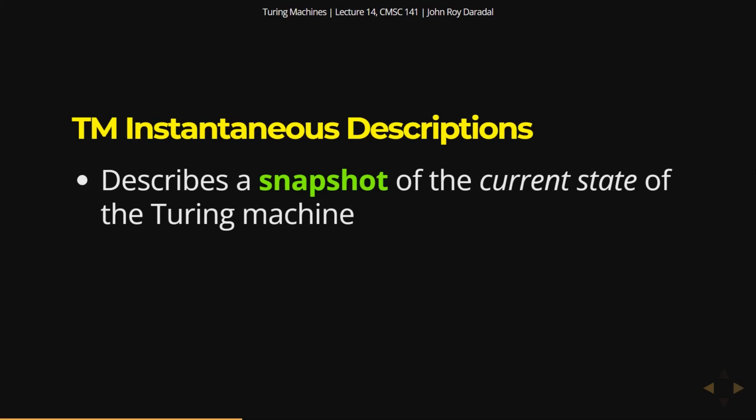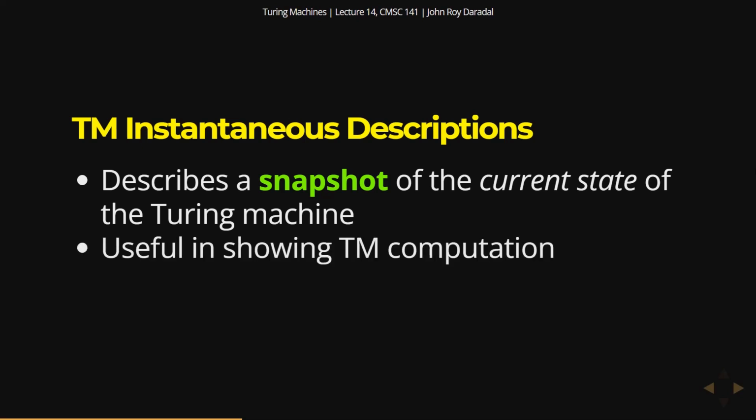Next, let us look at the instantaneous descriptions. You've already seen this notation before in PDA, right? It describes a snapshot of the current state of the Turing machine. It's a convenient way to write how the Turing machine looks currently.